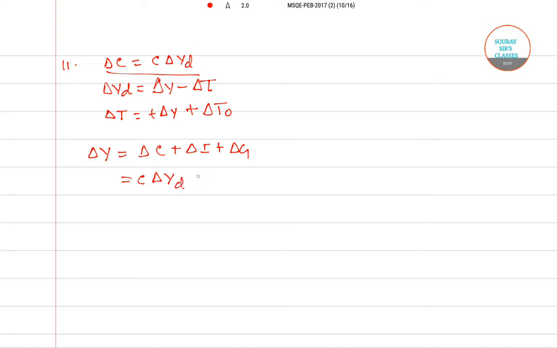If you do so, you'll get the value to be like this: change in I, change in g. Now here you will put the value of change in yd equal to this. You can also put the value of change in t here.